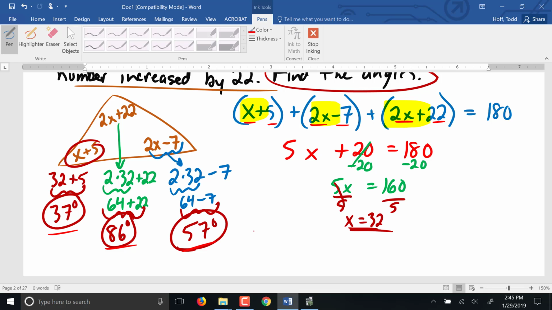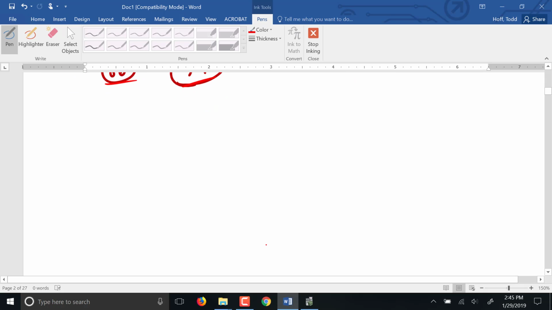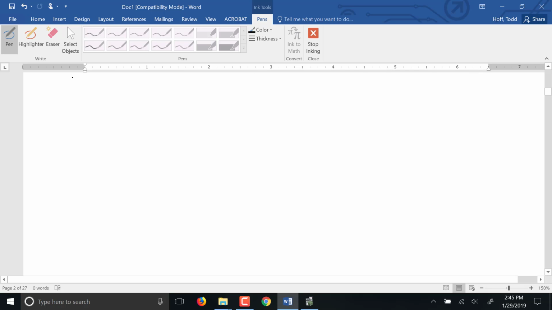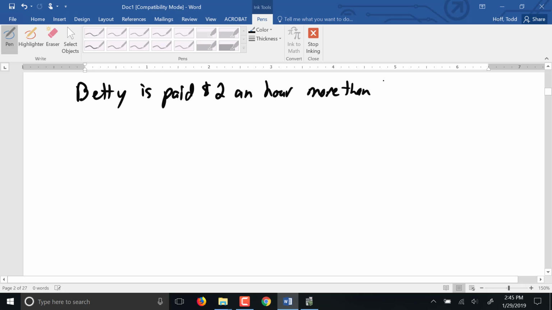Well, we can move on to a little bit more complex word problems. These all were set formulas, set geometric relationships, in fact. We can move on to a little bit more complex word problems that are still relatively prescribed. Might be something like: Betty is paid $2 an hour more than Frank.